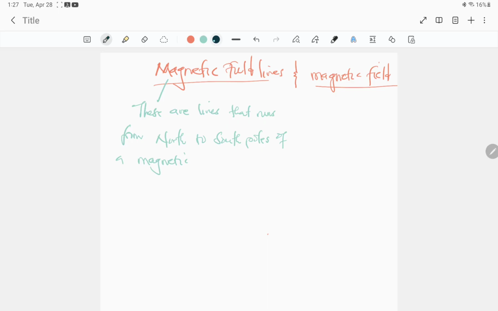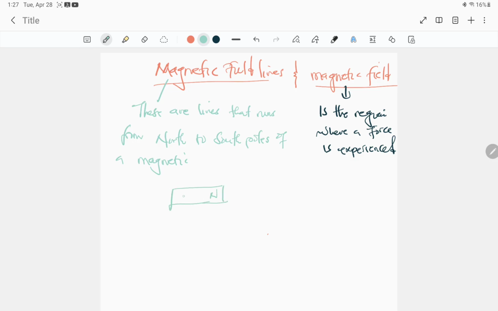A magnetic field, on the other hand, is a region where a force is detected or experienced. So from here we'll look at the diagrams that will explain the statement.